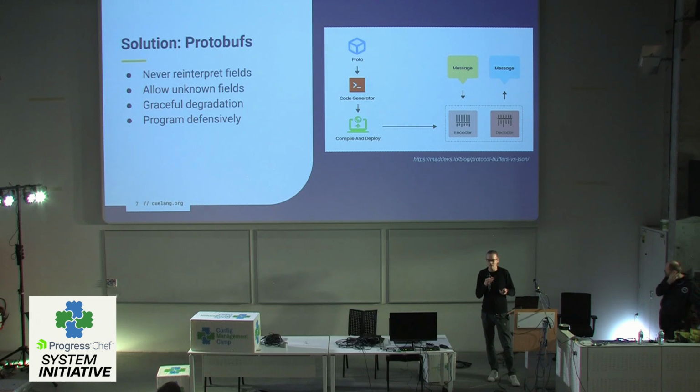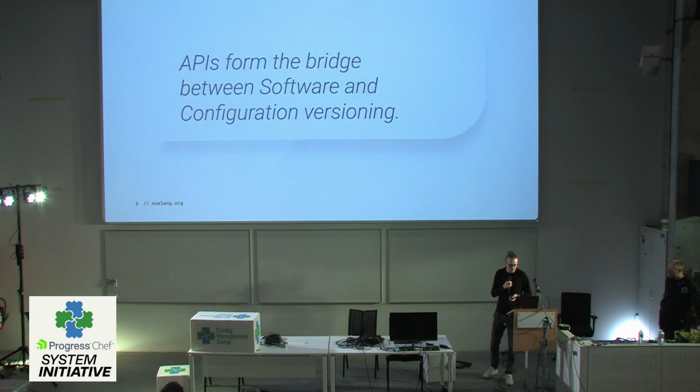You make sure that if they receive a field or some instruction that they don't know what to do with, they just drop it and you program defensively. There's a lot of debate whether this is a good thing to do or not, but it's an approach. It works, and this is almost like editor wars. There are quite strong opinions in either direction, but nobody's right or wrong there. But this is a solution.